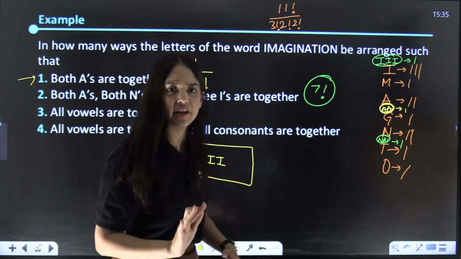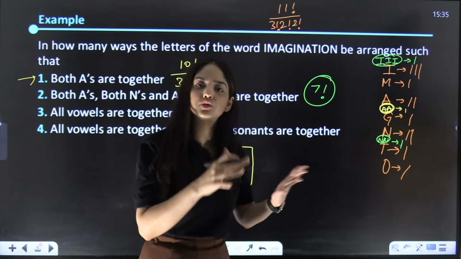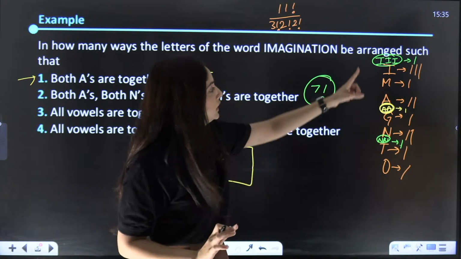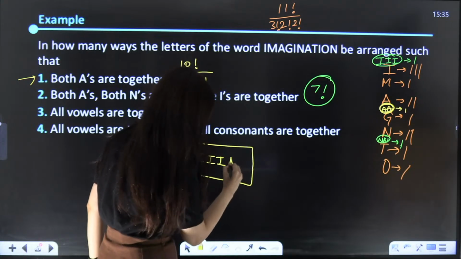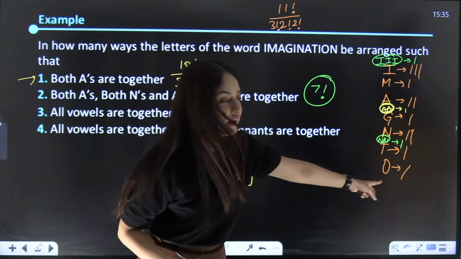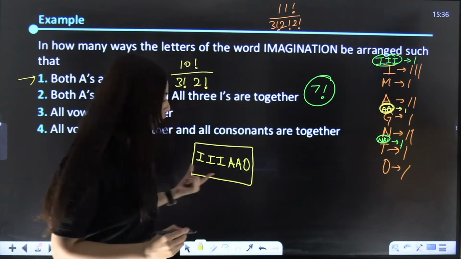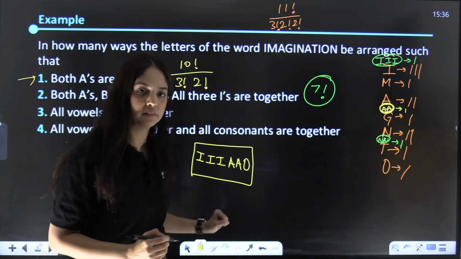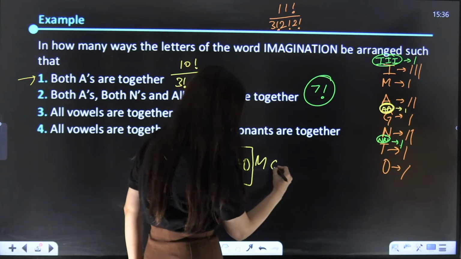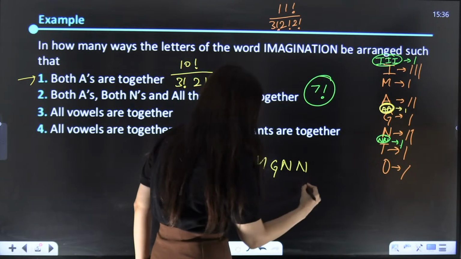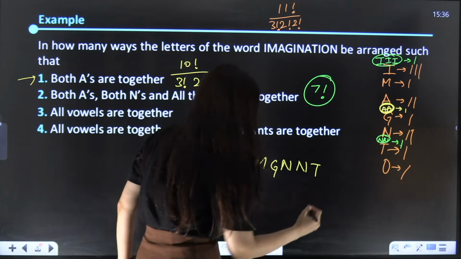I's can be arranged in any way as long as it's next to a vowel. So 3 I's, then we have 2 A's and 1 O. So in total we have 6 vowels and the remaining consonants M, G, N, N and T.